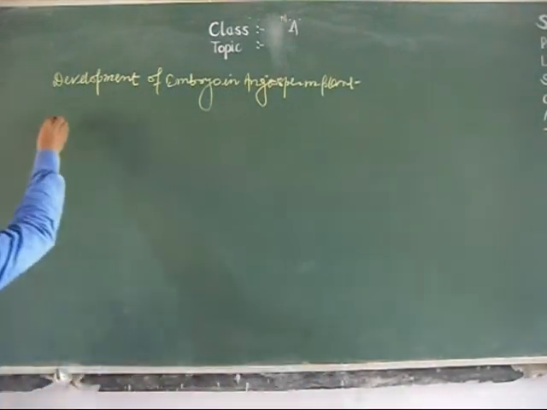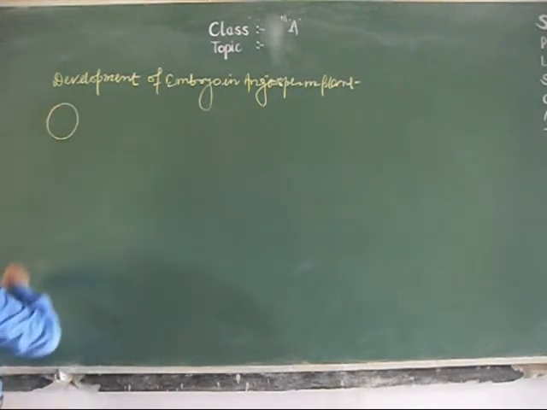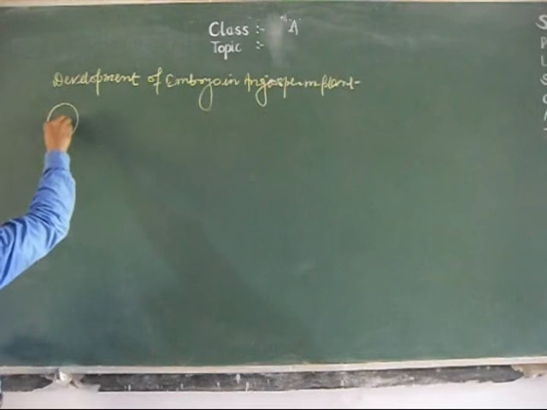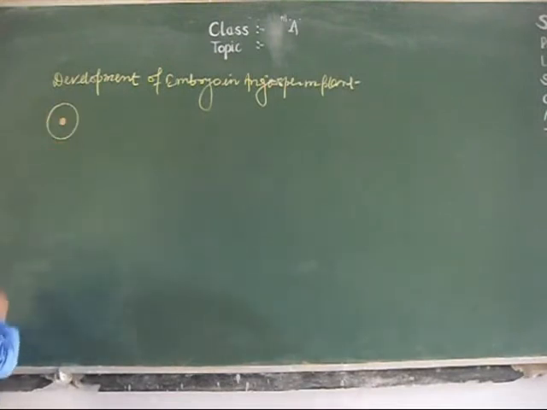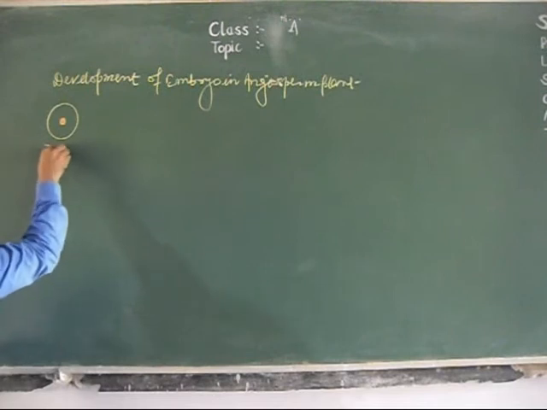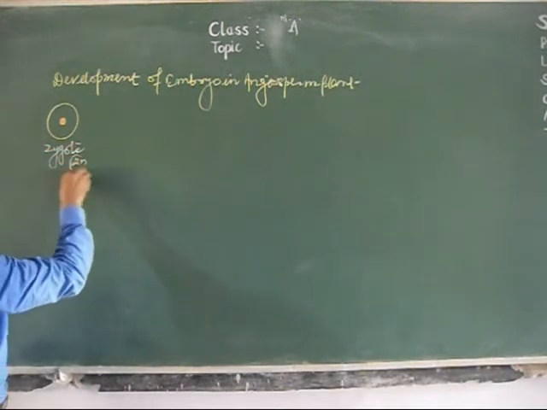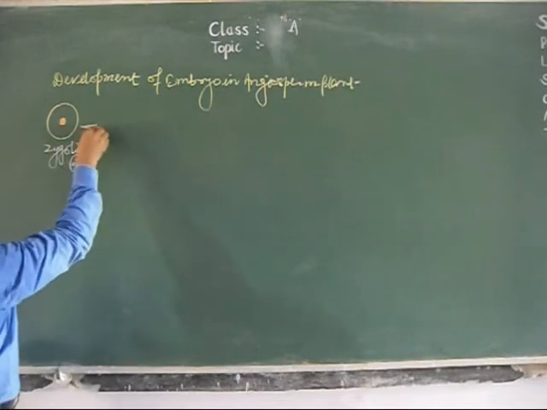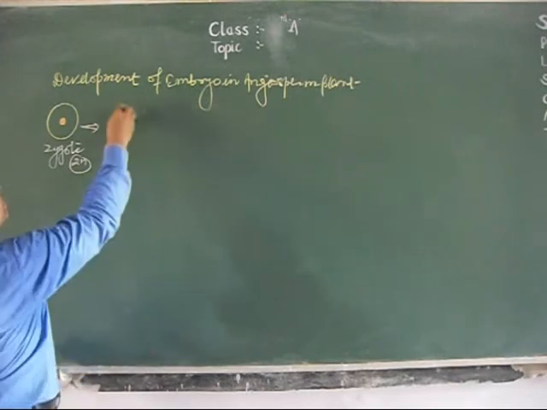So here is the zygote. This zygote is diploid. Zygote is 2n. It undergo cleavage, a set of division.